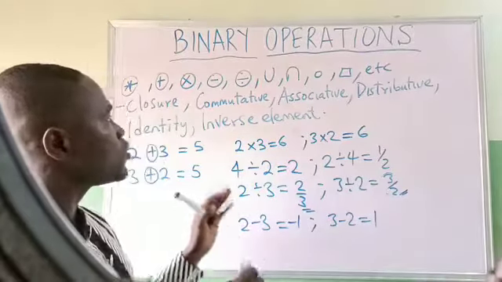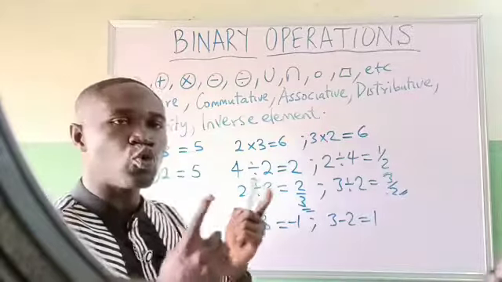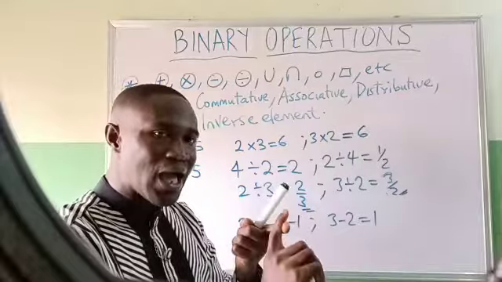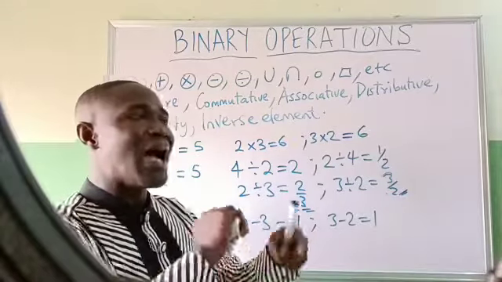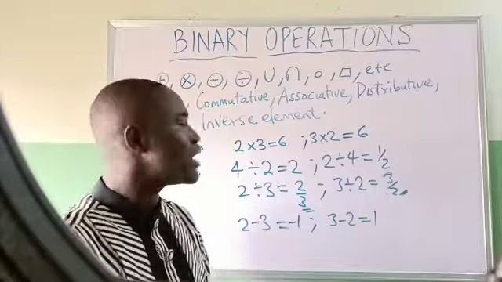Okay? So when you talk about commutative property, it simply means that two numbers, when you multiply or add them together and exchange them, add or multiply again, they will give you the same answer.